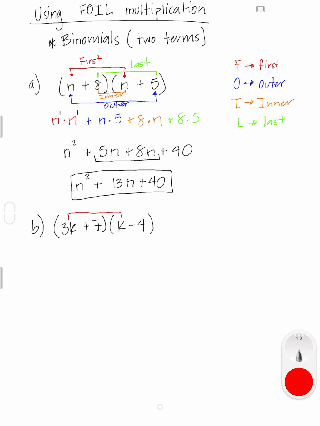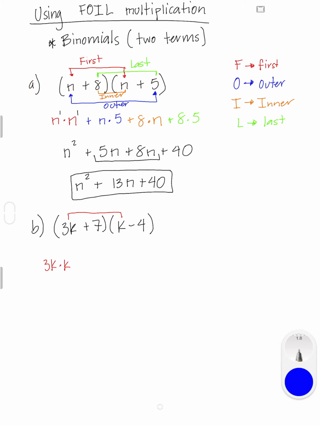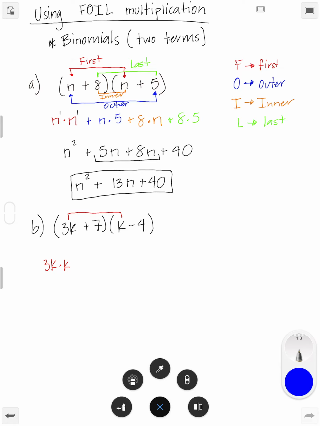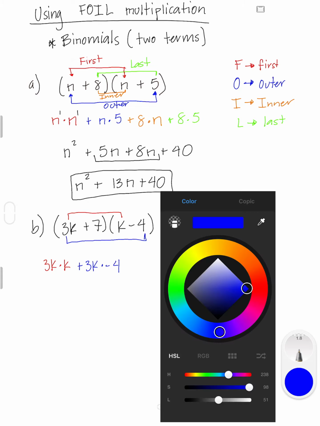So the first terms are 3k and k. So 3k times k. And then the outer terms. So it's the one on the far left, which is 3k, and on the far right, which is negative 4. So plus 3k times negative 4.